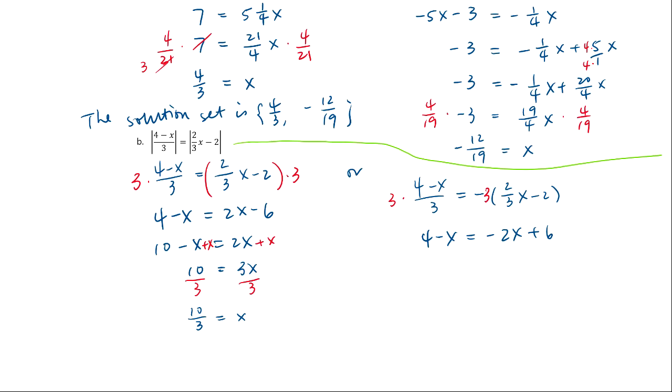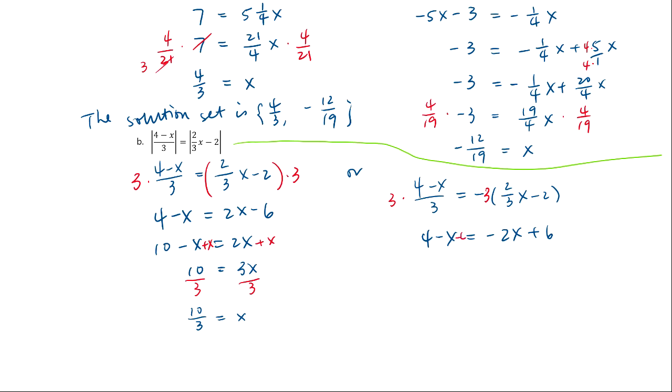Similarly, for the second scenario, we could subtract 6 on both sides. Actually, I'm going to subtract 4 on both sides, because as I said, I don't like to work with negative coefficients, but feel free to do whichever way makes the most sense for you to combine constants or variable terms. So here I'm going to subtract 4 on both sides.